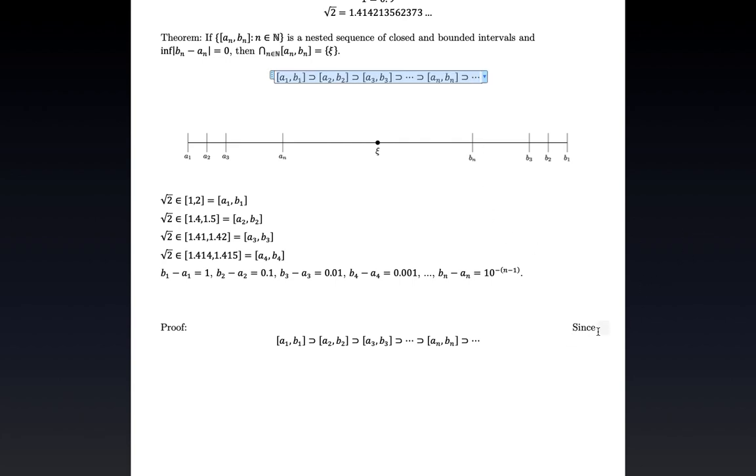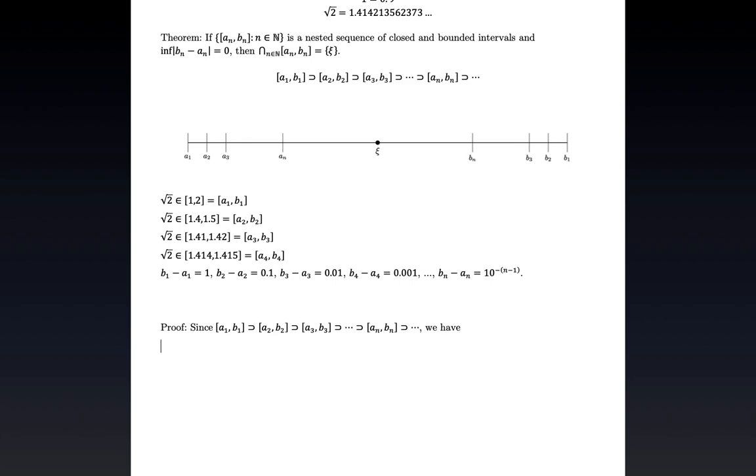Since this is better, we can say we have this thing that A1 is smaller than or equal to A2, smaller than or equal to A3, smaller than or equal to, and it goes on this way, dots, smaller than or equal to An, and this goes on infinitely many between them, smaller than or equal to Bn.